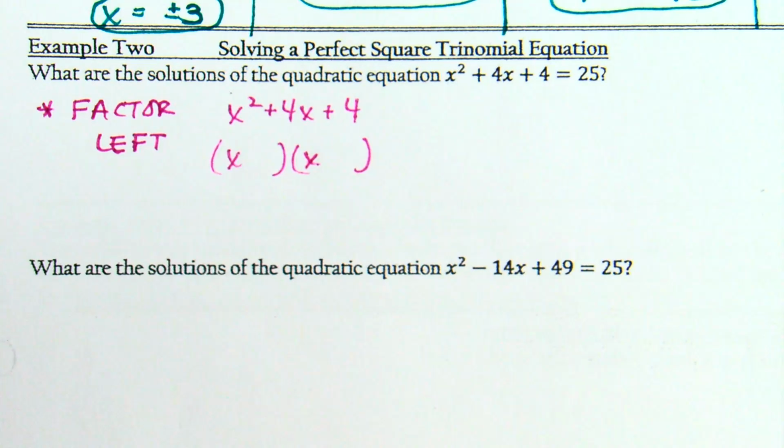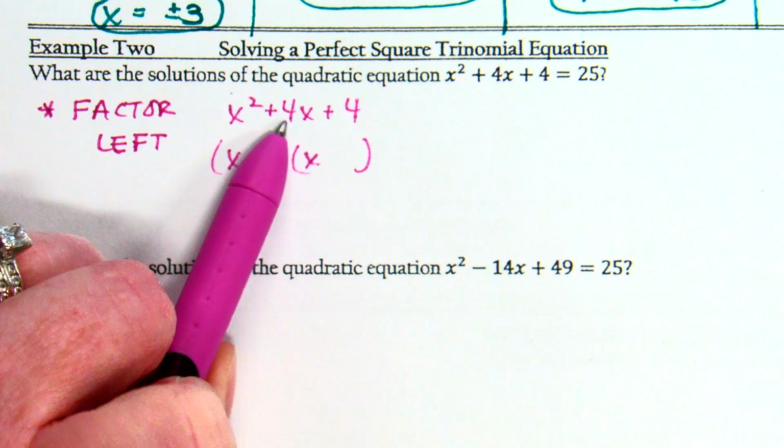What do you know about the numbers? We need 2 numbers that multiply to be 4 and add to be 4. What multiplies to be 4 and adds to be 4? 2 times 2. If they multiply to be positive and add to be positive, both positive. X plus 2 times x plus 2.